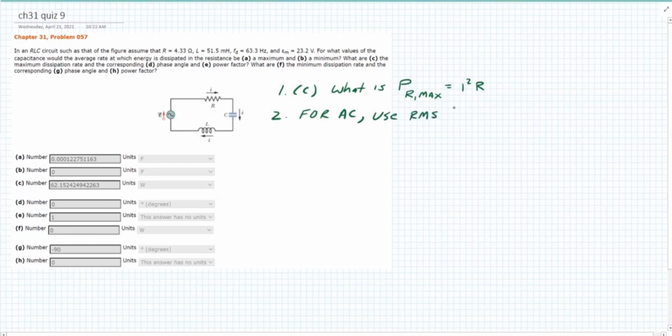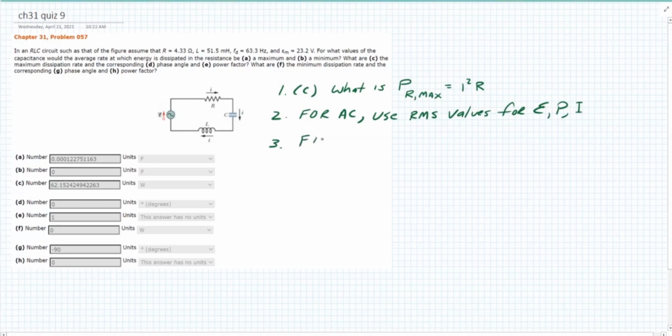Use RMS values for EMF, for power, for current. Remember, RMS stands for root mean squared, which is basically how you take the average in the world of AC.